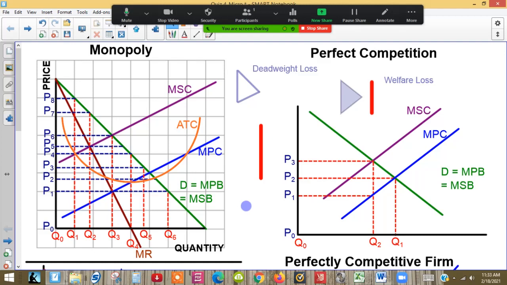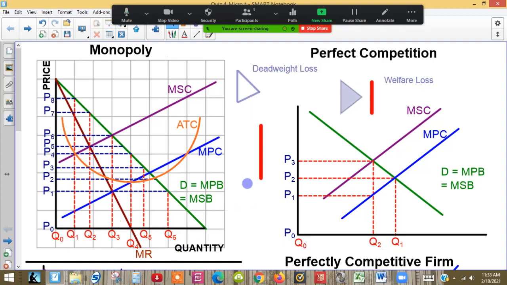Now, I also have shown you here, this is a monopoly. And remember, the monopoly is the firm and the market, because the monopoly firm is monopolizing the entire market for whatever the good or service is that they're producing, okay?